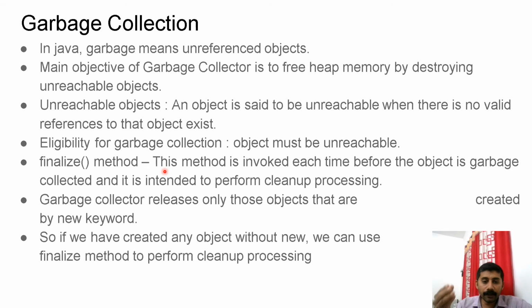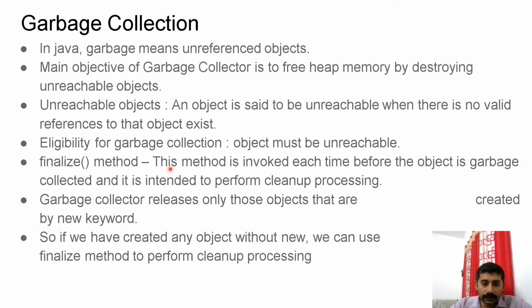The JVM will make a call to this method at the time of garbage collection. So when releasing the object from memory, if you want to do any additional cleanup operation, such instructions have to be given in this finalize method. This method will be called automatically, and whatever instructions you have given in it will be executed at the time of releasing the object from memory.